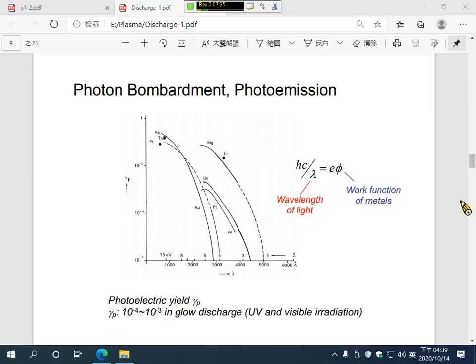This electron becomes a free electron and escapes from the attractive force of the proton.